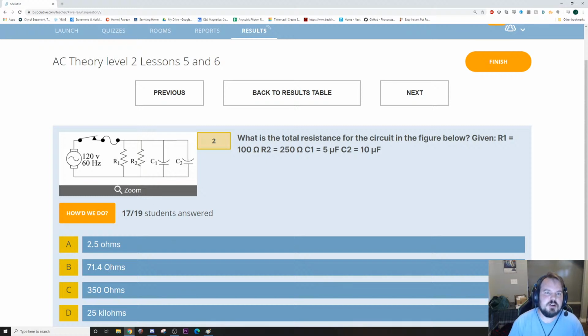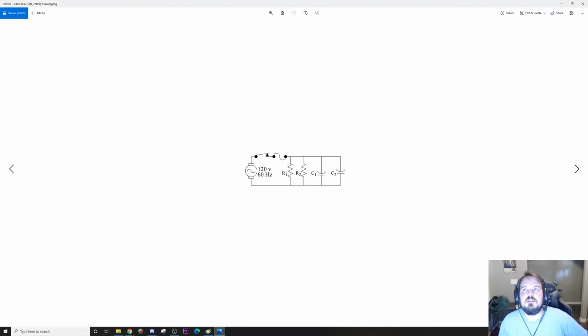I'm actually going to open up this picture. Give me 1 second to find it. AC circuits. Let's change that to the extra large icons. We want. That's it. Oh crap.